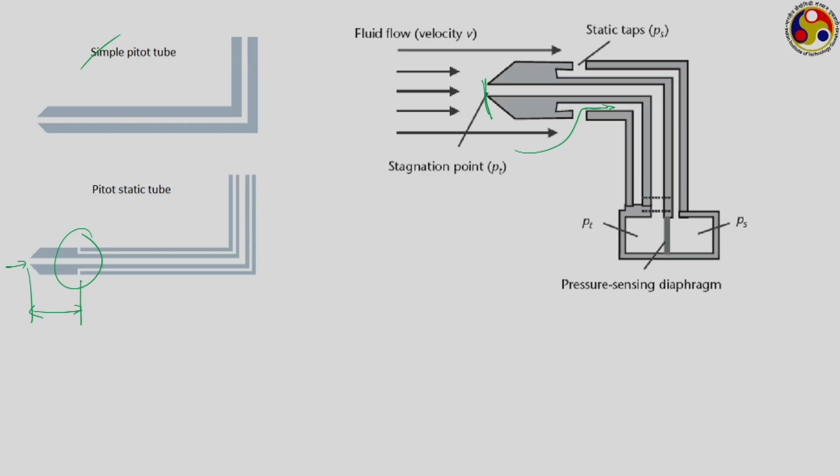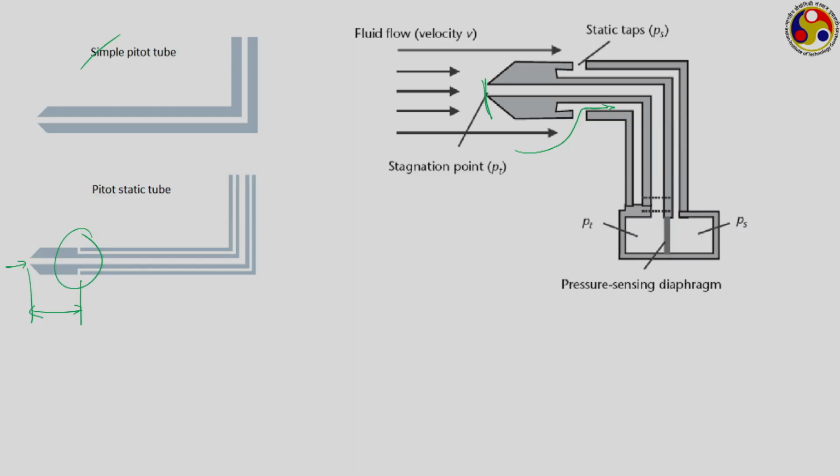Now the difference between these two can be measured using a manometer or any other kind of pressure measuring device to give you an idea about the fluid velocity. So, the pitot tube is a very standard, quite accurate, and also a very simple and cheap method to measure the fluid velocities and correspondingly the flow rate of the fluid.